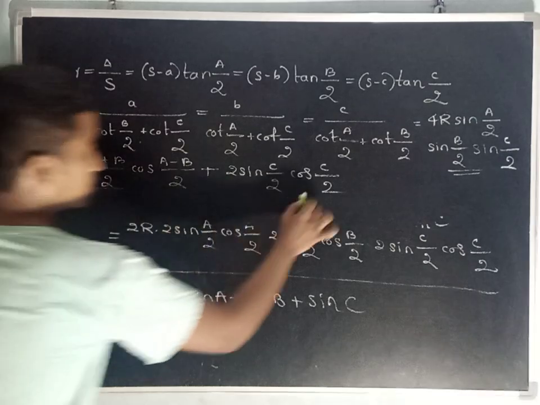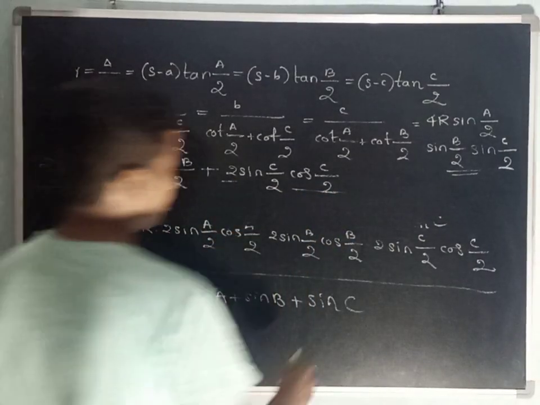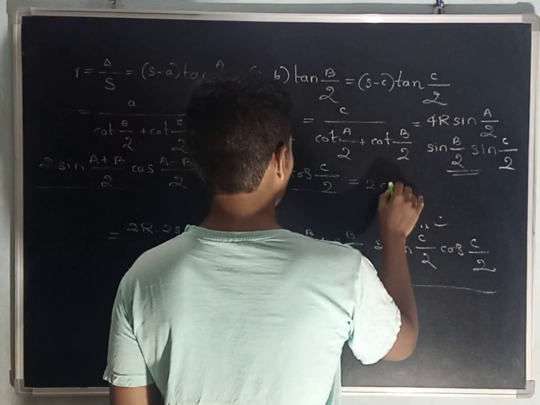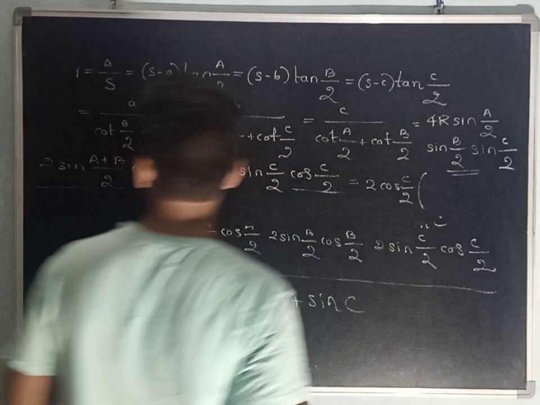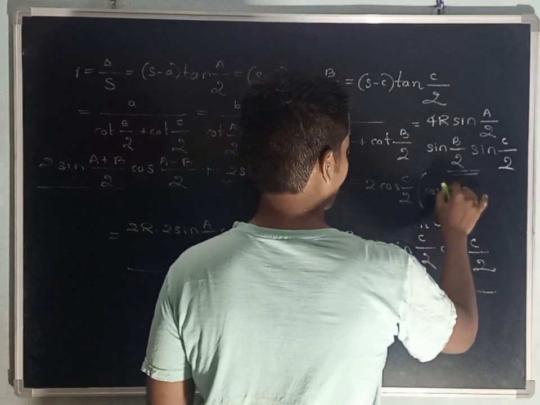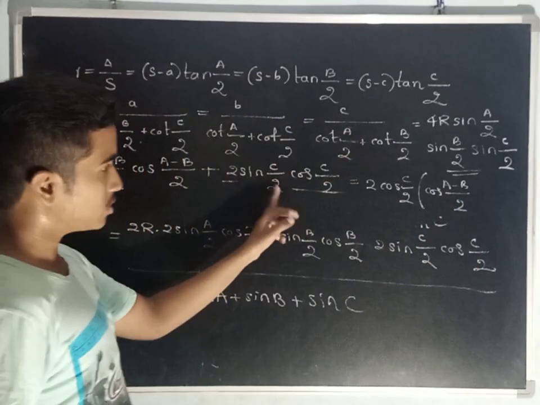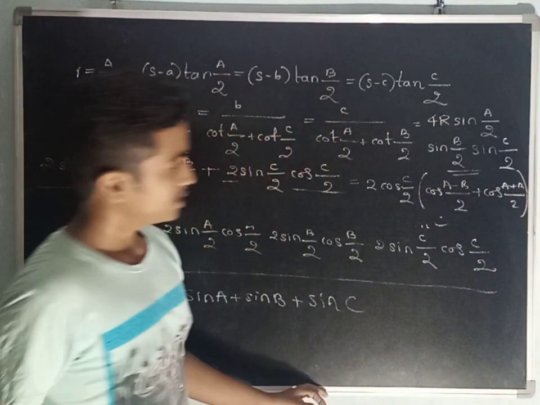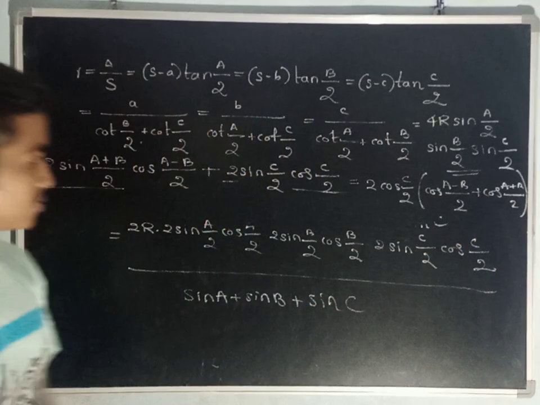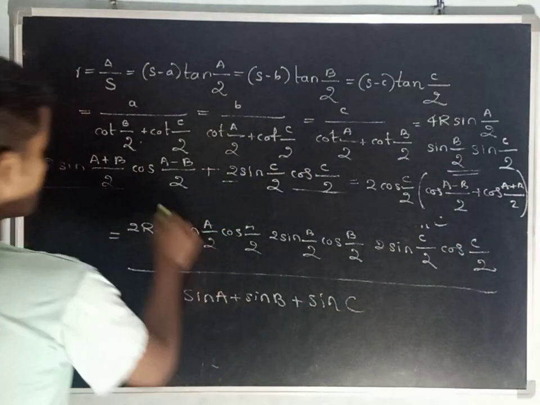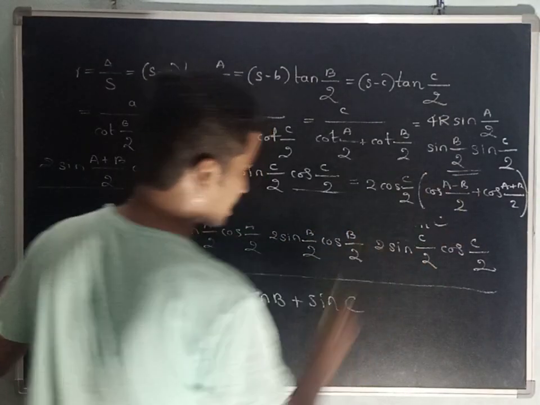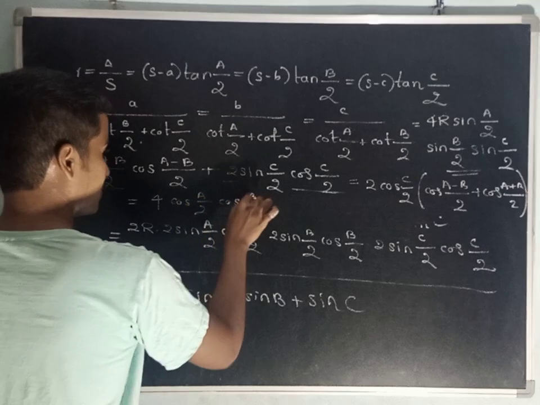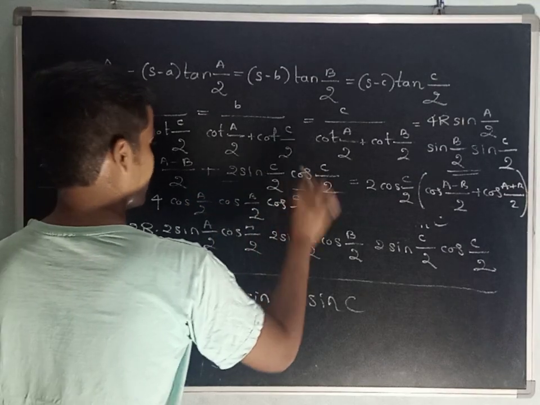Let me take 2 and 2 cos C by 2 as common, so that we will get 2 cos C by 2 into cos A minus B by 2 plus sin C by 2, which can be written as cos A plus B by 2. Cos A minus B by 2 plus cos A plus B by 2 is nothing but 2 cos A by 2 cos B by 2. So 4 cos A by 2 cos B by 2 cos C by 2.